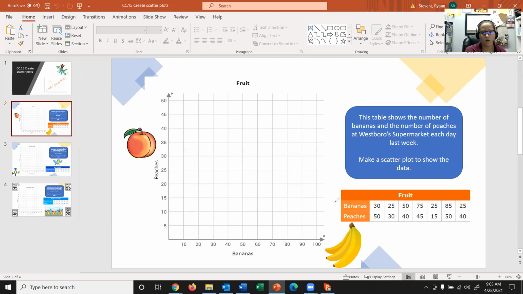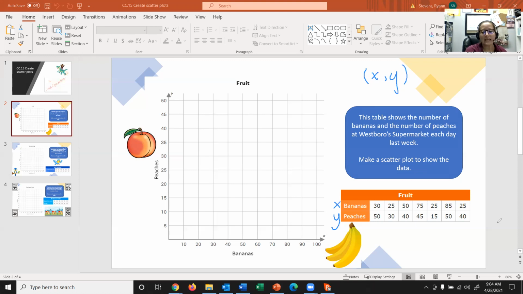We already know that the x-axis is labeled as our bananas and the y is labeled as our peaches. To go back to what we talked about before, an ordered pair is written as x and then y. With the X, you're going to go right or left, and with the Y, you're going to go up or down. In this case, we're just going to be going to the right and just going up.